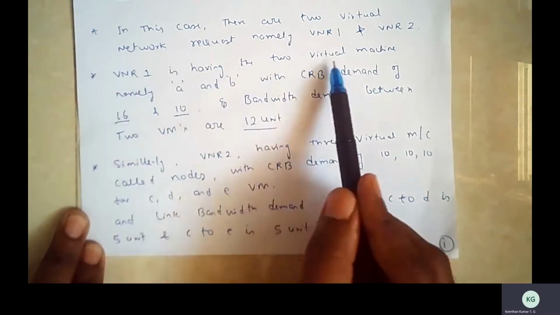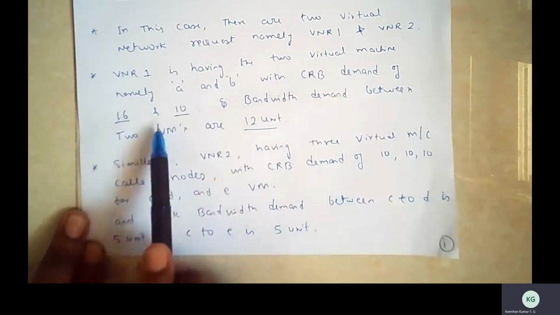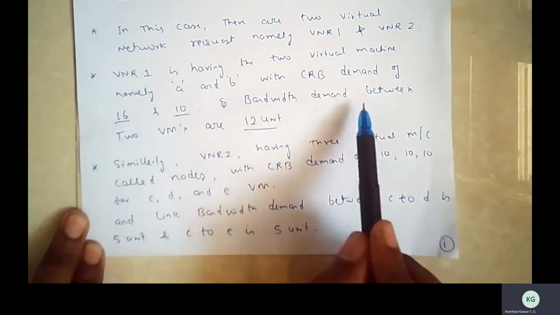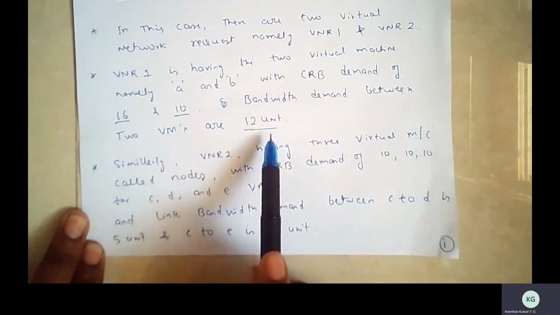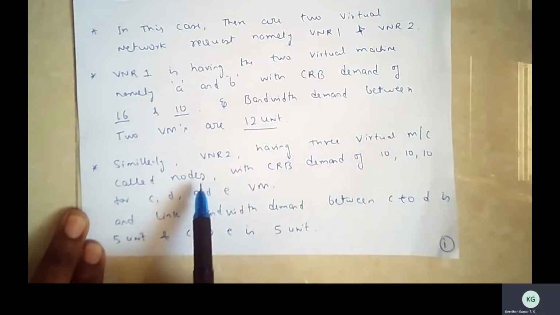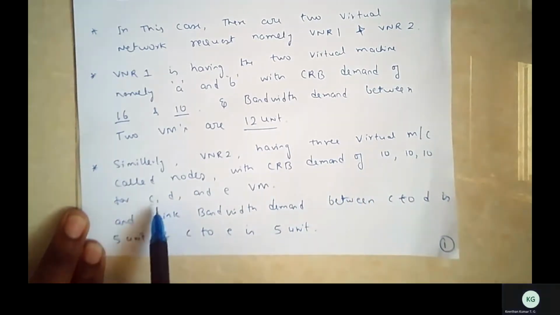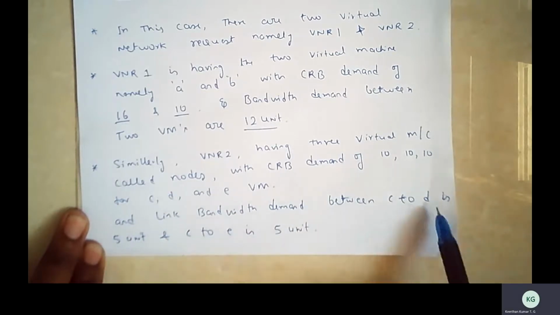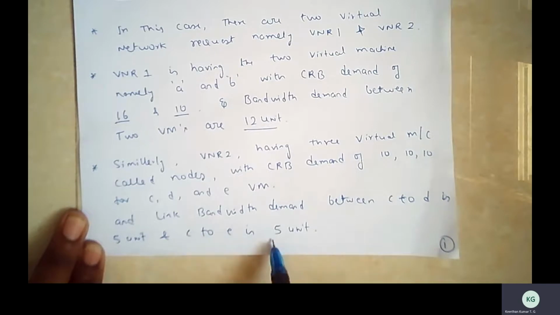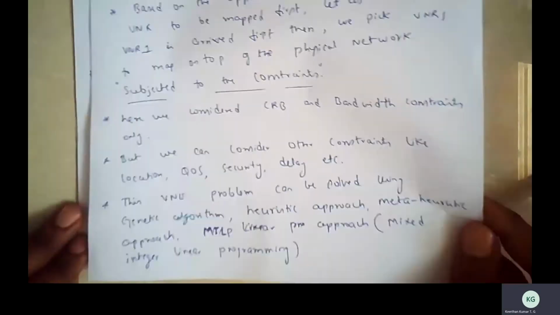VNR1 has two virtual machines, A and B, with CRB demands of 16 and 10, and a bandwidth demand between the two VMs of 12 units. Similarly, VNR2 has 3 virtual machines, nodes with a CRB demand of 10 units each for the C, D, and E VMs. The link bandwidth demand between C and D is 5 units and between C and E is 5 units. This is just an explanation corresponding to the graph.